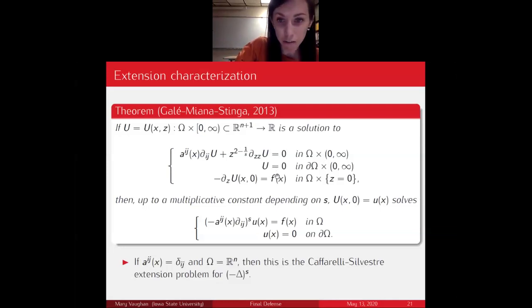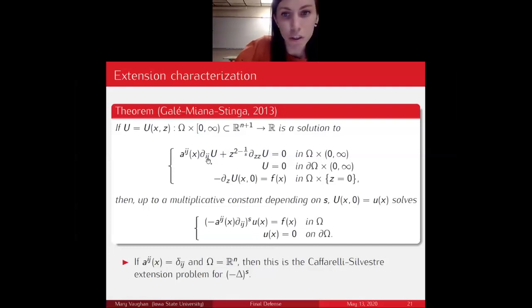And then up to a multiplicative constant that only depends on s, we take the solution, capital U, we take the trace at z equals 0, that is little u of x, where little u solves our fractional Poisson problem. So by studying the solution for capital U up here, we can study the behavior of the solution little u to our fractional equation by taking the trace.